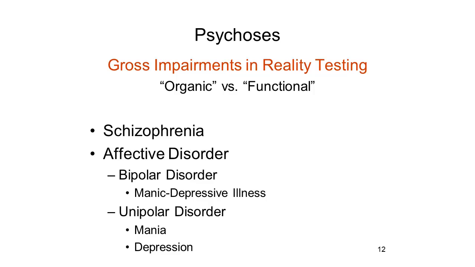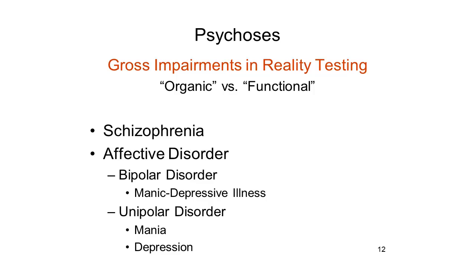Perhaps the most well-known of the psychotic disorders is schizophrenia, which is characterized by disordered language and thought processes. There's also a variety of affective disorders, which primarily affect emotional functioning, affect as opposed to cognition, as their name implies.